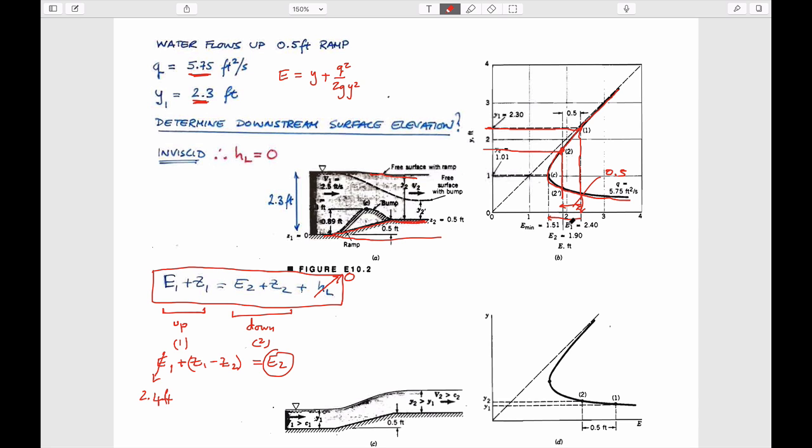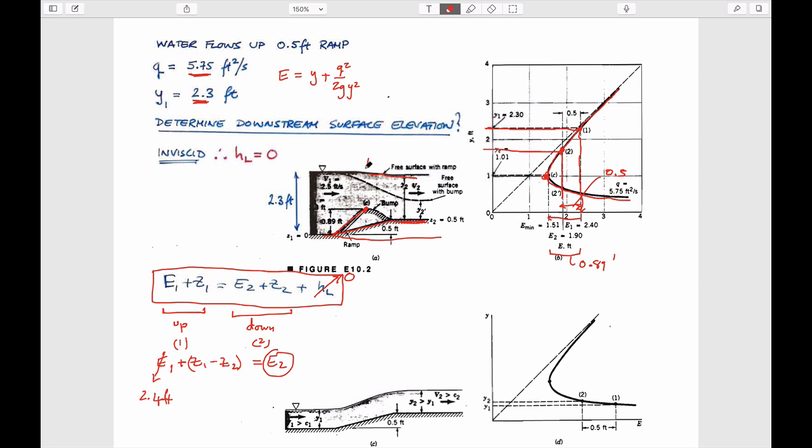So the difference between 2.4 and 1.51 is 0.89. So this amount here is 0.89 feet. And so instead of going up just 0.5, if you have a ramp that actually takes you up the full amount, then this would get you to this nose here, exactly here.